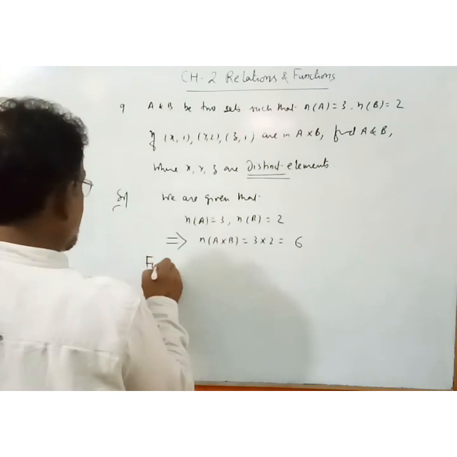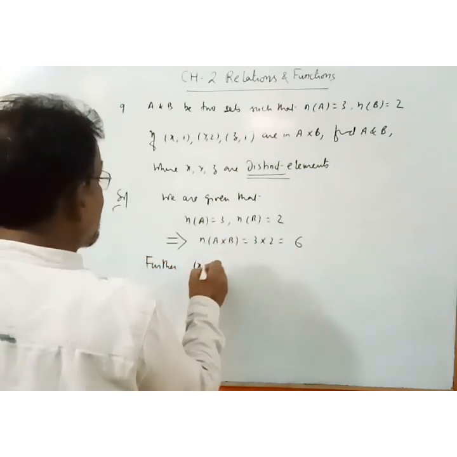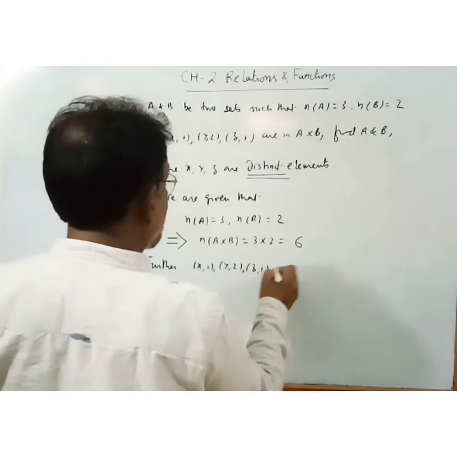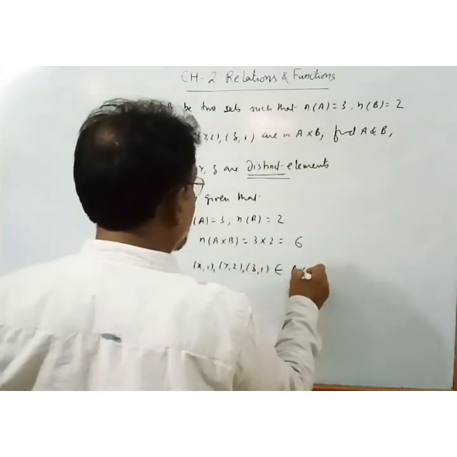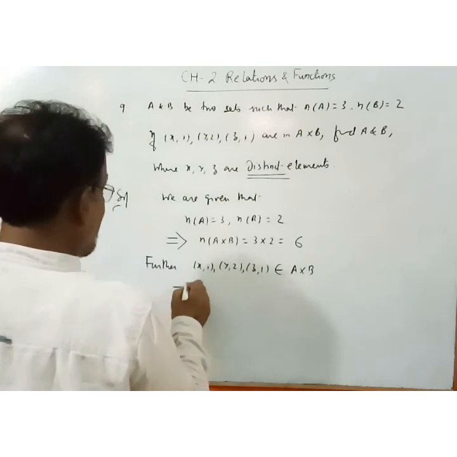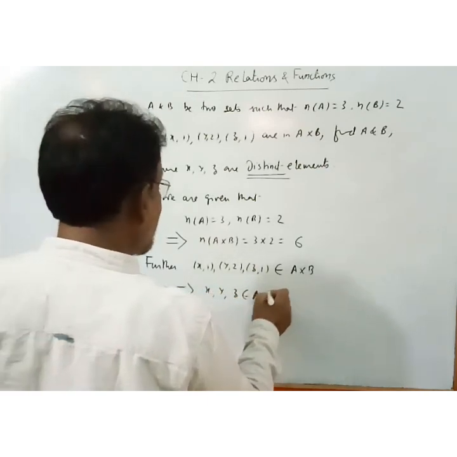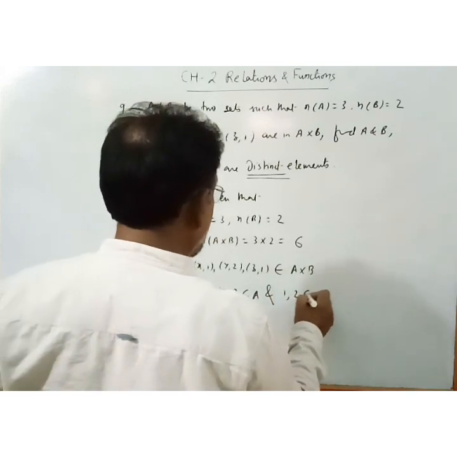Further, x, 1, y, 2, z, 1 belongs to A cross B implies x, y and z should belong to A and 1 and 2 belongs to B.